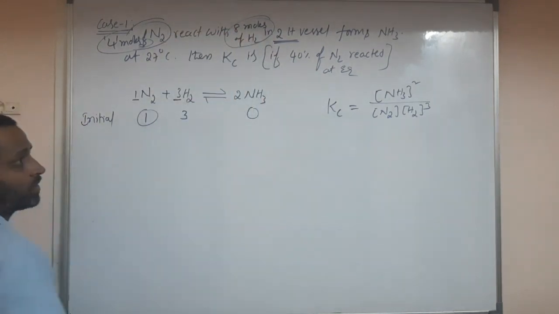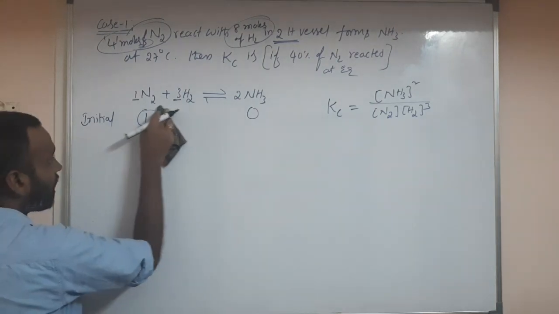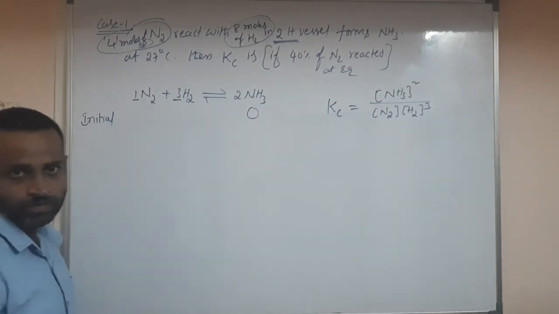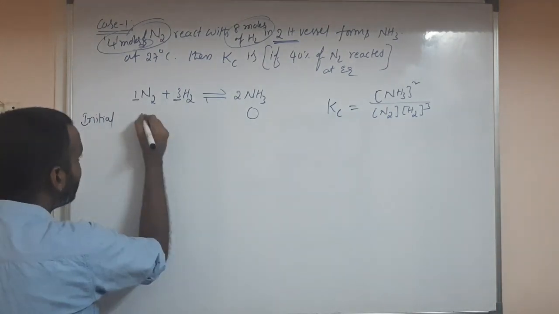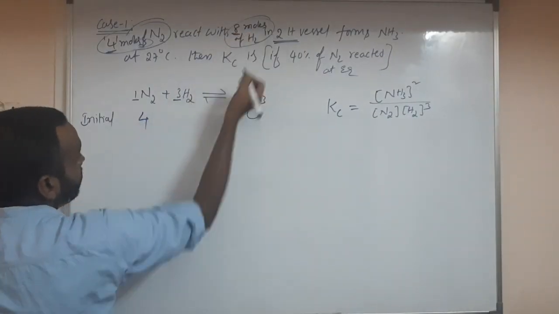Same 40% only I consider. So now the initial will change. So here how should I take the initial? Initially how much is given? 4 moles of N2. Initially how many moles of H2 given?